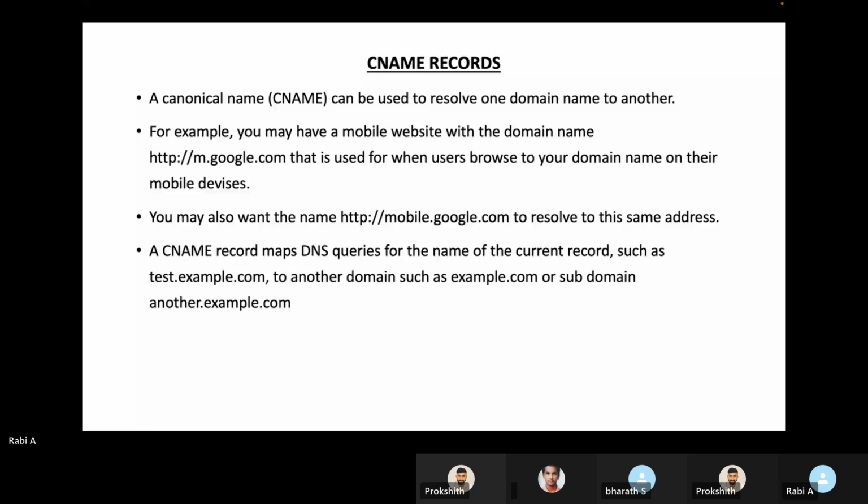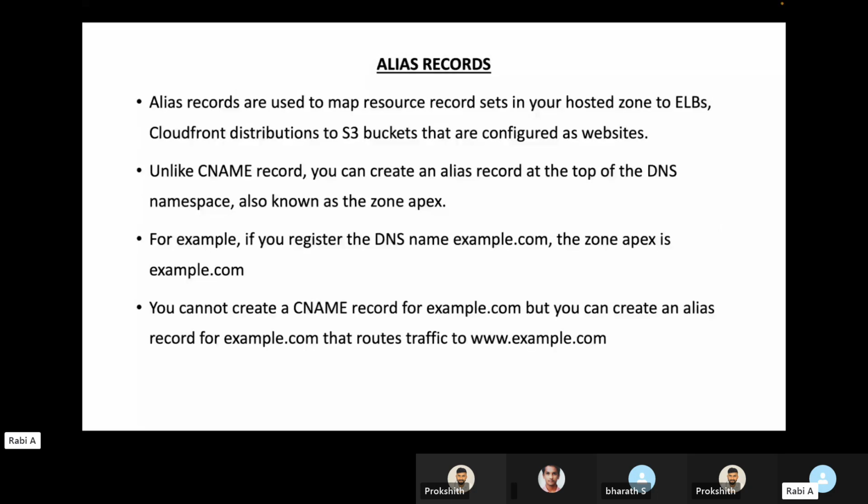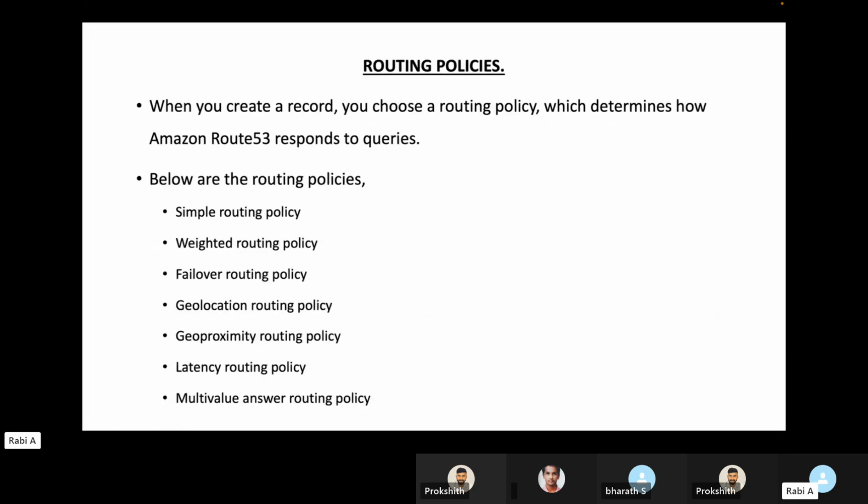Unlike CNAME records, you can create an alias record at the top of the DNS namespace known as the zone apex. For example, if you register the domain name example.com, the zone apex is example.com. You cannot create a CNAME record for example.com, but you can create an alias record for example.com that routes the traffic. So I'll show you an example for this later on.